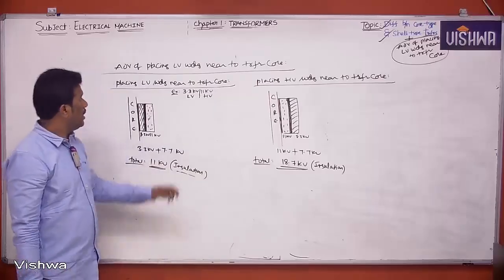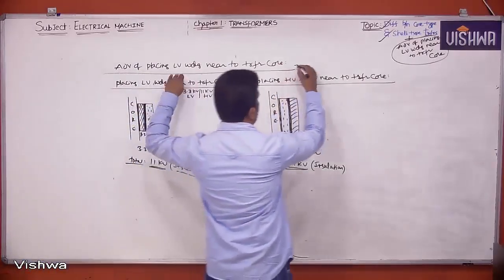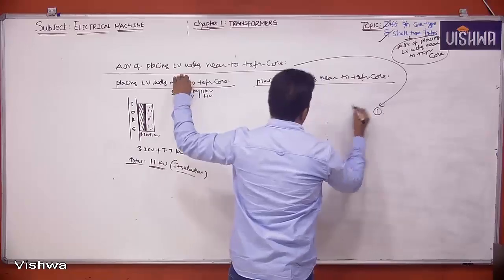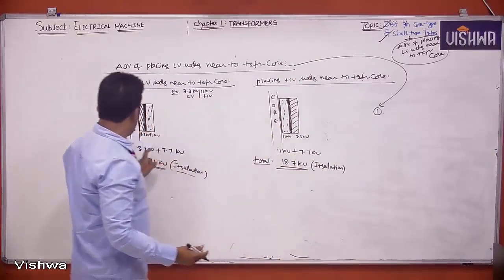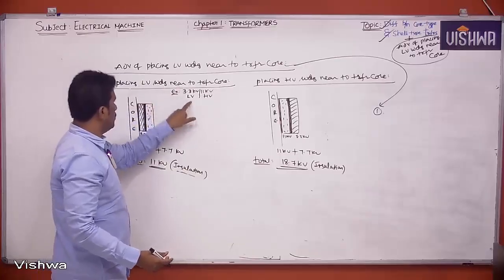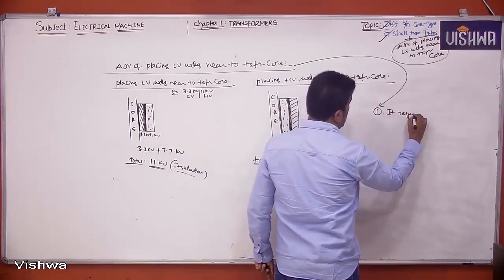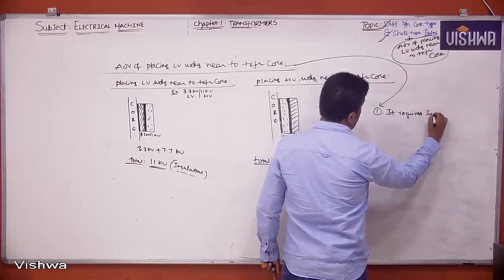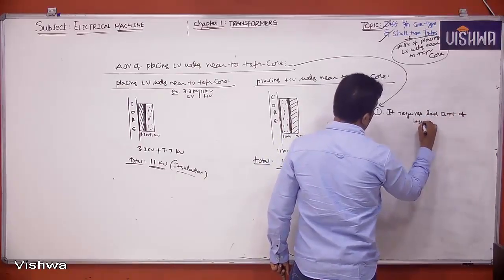So our heading: advantages of placing low voltage winding near to the transformer core. First advantage, what is that? If I place the low voltage winding near to the transformer core, it requires less amount of insulation.